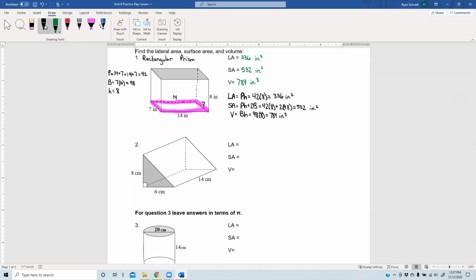Number 2, let's name it first. First step, name it. This is a triangular prism. How do I know it's a triangular prism? Because we have this base right here. It's the only side that's not a rectangle.